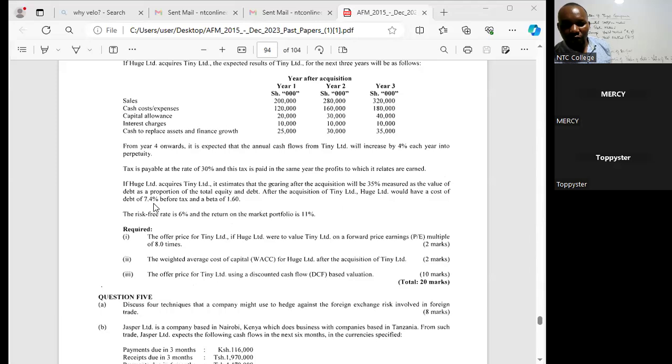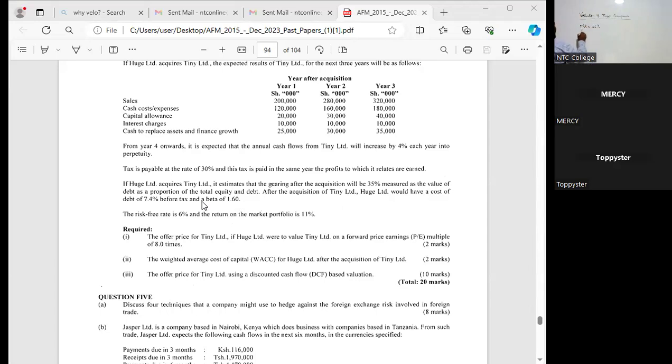They have given you the cost of debt, and they have given you beta. So these guys are wishing you well. These are very nice people. So the examiner has decided to give you the weight of debt, which is WD, to be 35%.